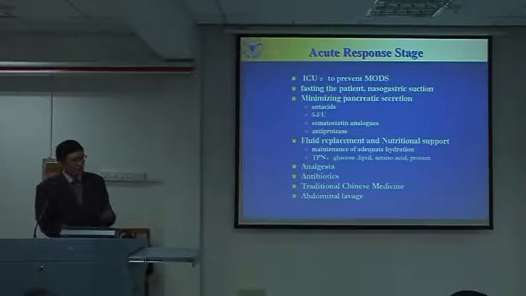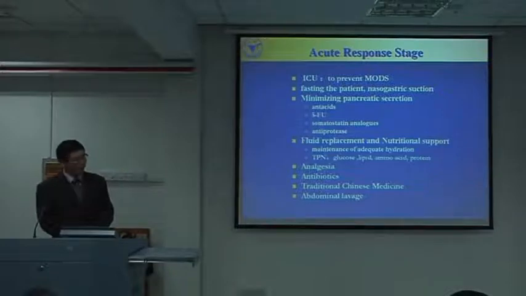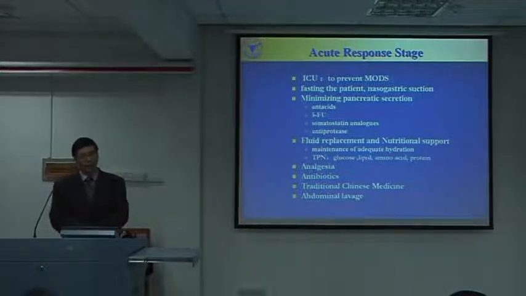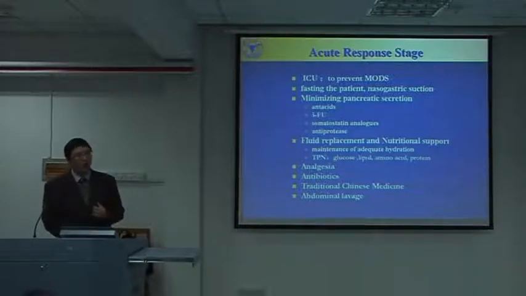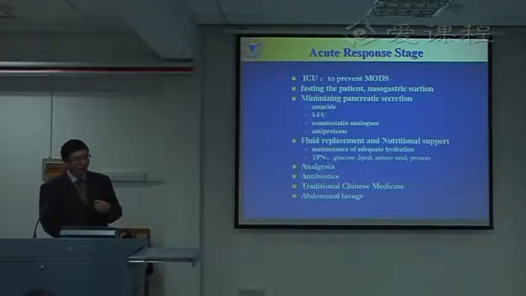Because after infection, the mortality and the morbidity of the severe acute pancreatitis patient is very high. So in the early stage, we will use antibiotics to prevent infection. And after that, in China, we also have traditional Chinese medicines to recover the bowel function, just the GI function, in order that the patient can eat something.